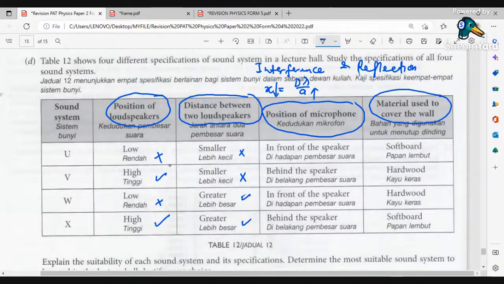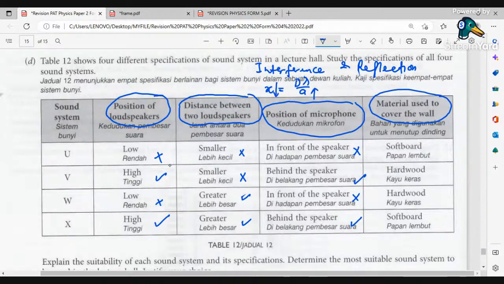Position of microphone: placed in front of or behind the speaker? It should be behind the speaker. It cannot be in front, if not there is interruption. In front we remove. We take behind.